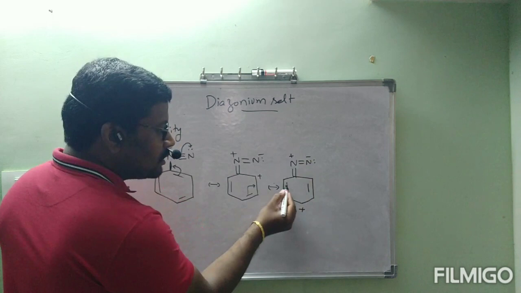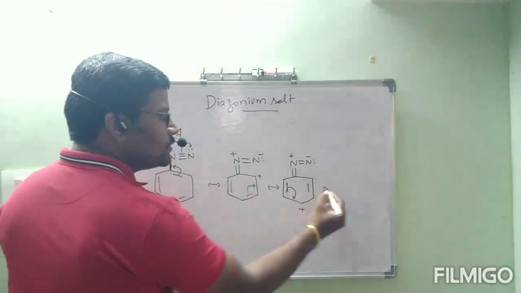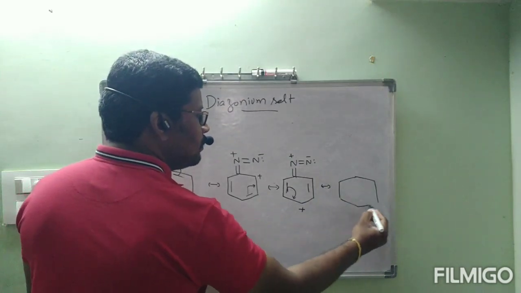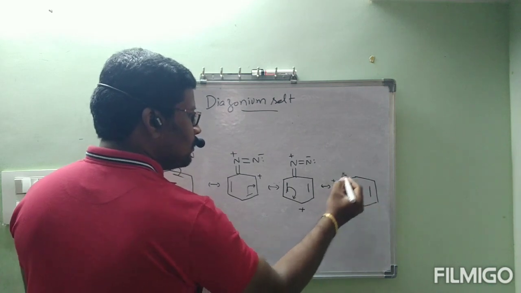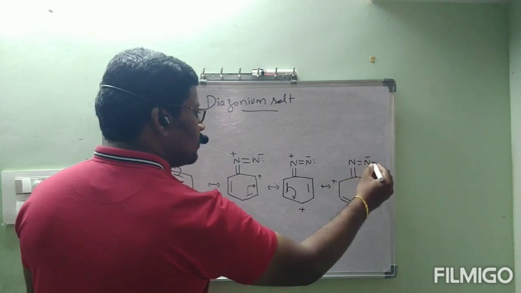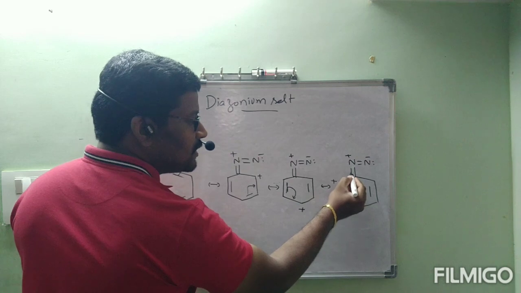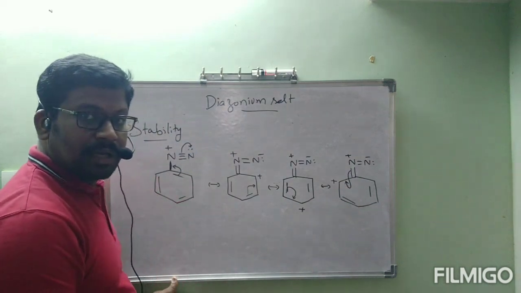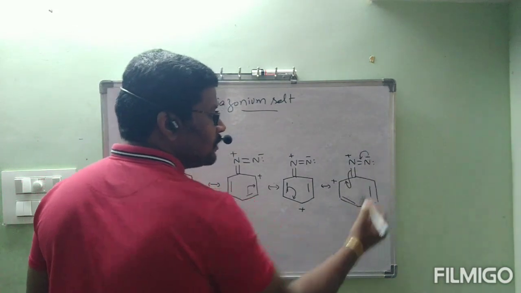Next, this bond is there now. This bond is shifted, and here you will get positive charge. Finally, this double bond is there, no? It is coming into this carbon-carbon double bond, and this negative charge is coming as a triple bond.